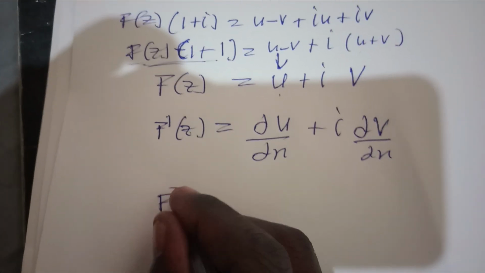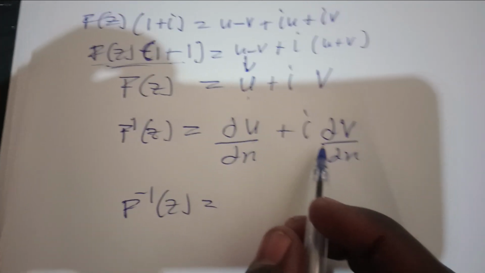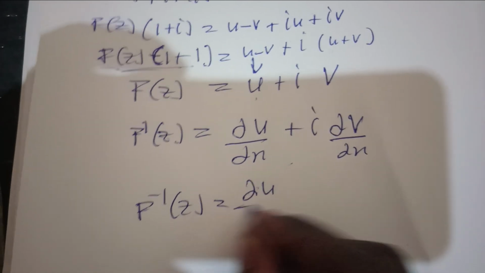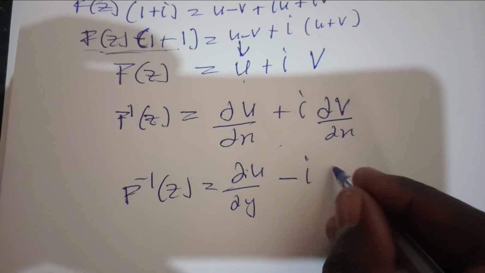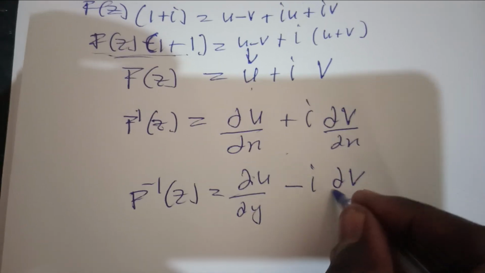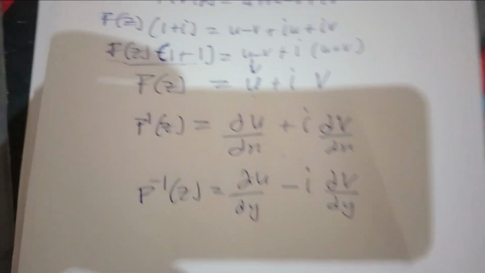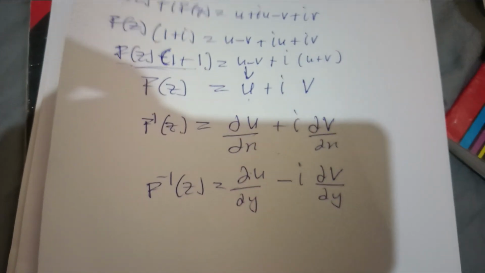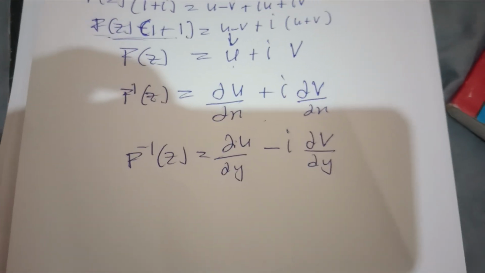Again, we can find the derivative with respect to y: du over dy minus i dv over dy. After deriving these equations, we can now go ahead to find our analytic function.